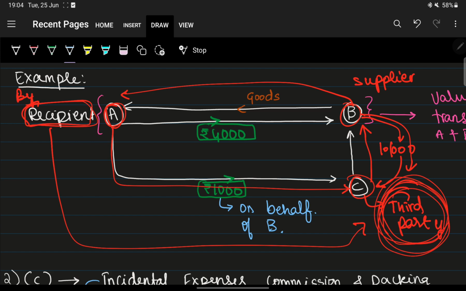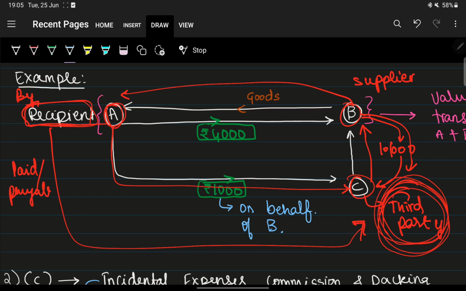Basically any amount that is paid or payable by whom? By the recipient of supply. To whom? To a third party, and to that third party the supplier was liable.